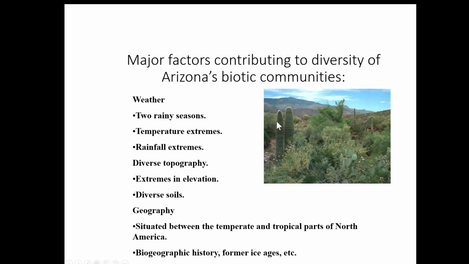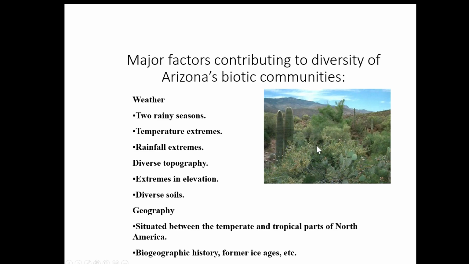We have a very diverse topography, and I'm going to go over in just a minute why these extremes in elevation and topography help Arizona have so much diversity. We have a lot of diverse soil. We are situated between the temperate and tropical parts of North America, which means in southern Arizona, right here in the Sonoran, we have tropical plants.